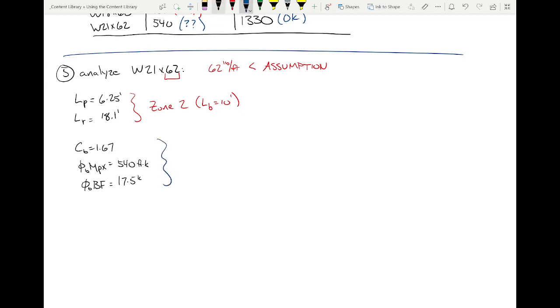So we compute our zone 2 formula. And again, all this is just linear interpolation, like y minus y1 equals m times x minus x1, because phi BF is the slope of the line. So this is 1.67 times 540 minus 17.5 kips times 10 feet minus 6.25 feet.